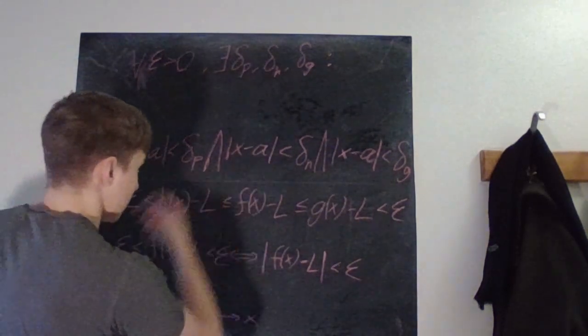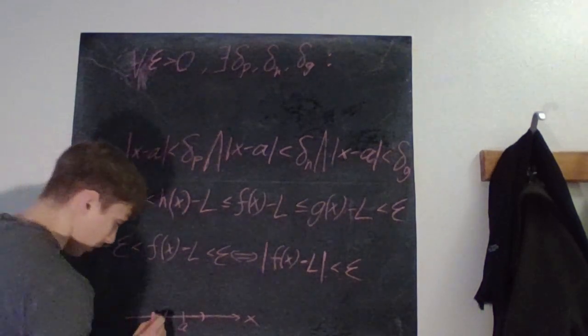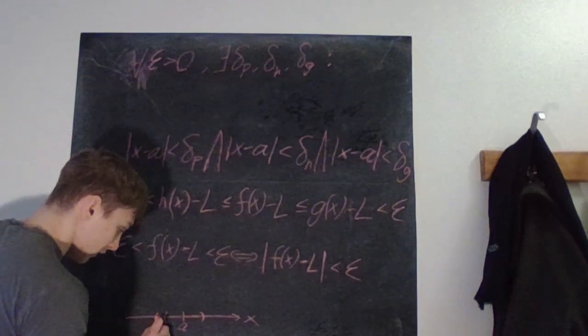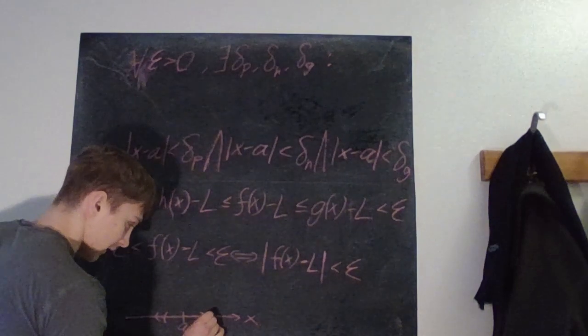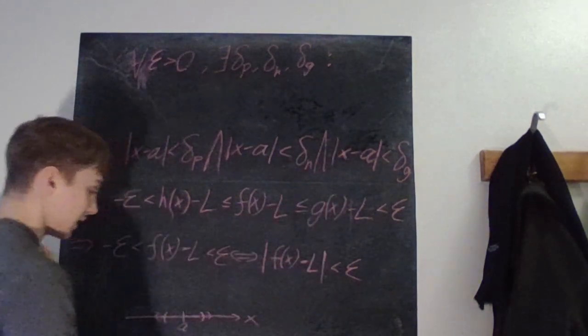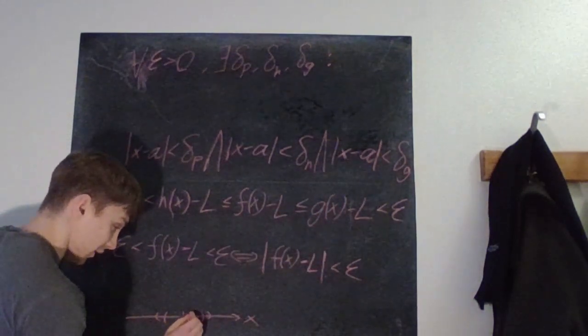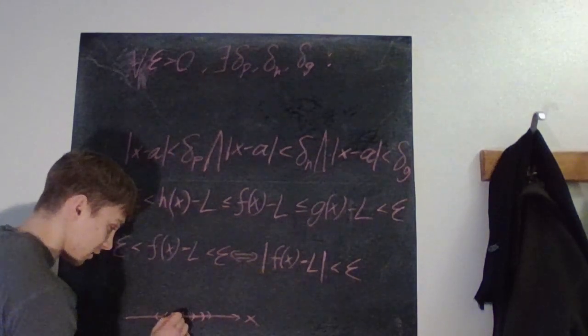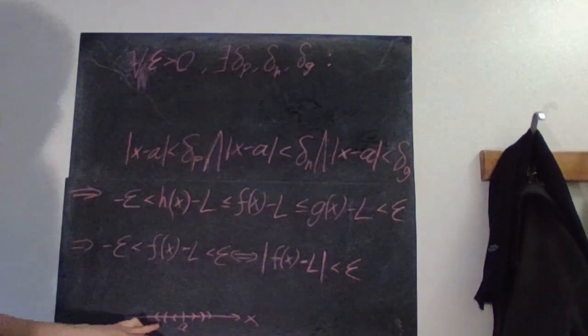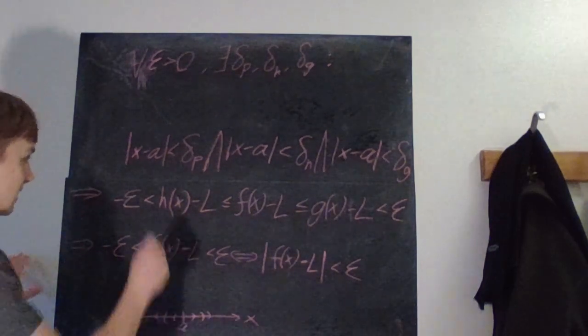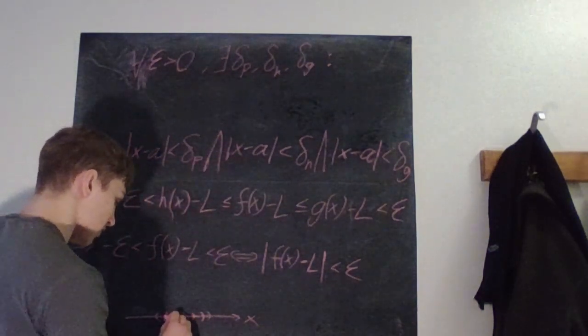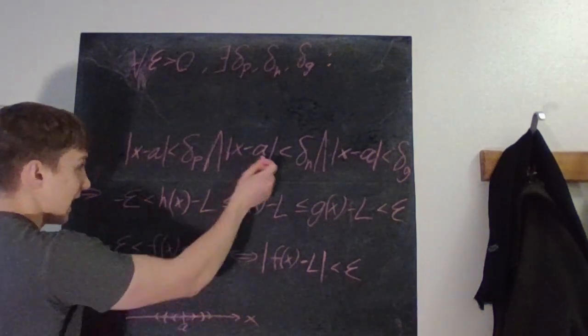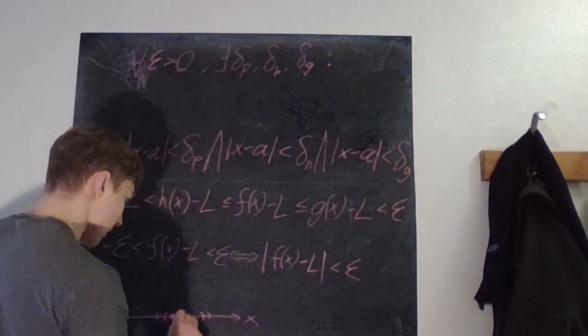Say the second one says it has to be less than 1.5, so we have another interval. And then the third one says it has to be less than 0.5, so it has this interval. Now we look at what this says. This has to be true, so it has to be in between here, and this has to be true, so it also has to be in here.